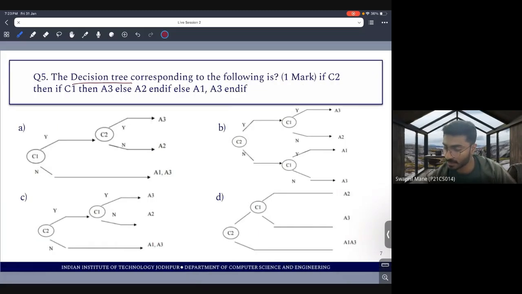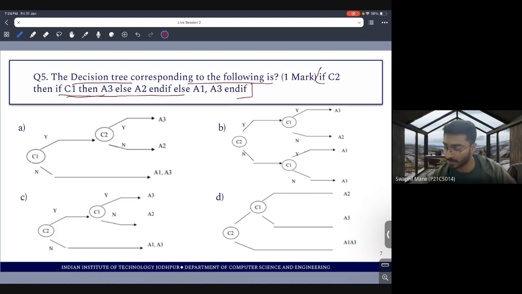So here, the decision tree corresponding to the following logical rules has been given. If C2, then if C1, then A3, else A2, and else.